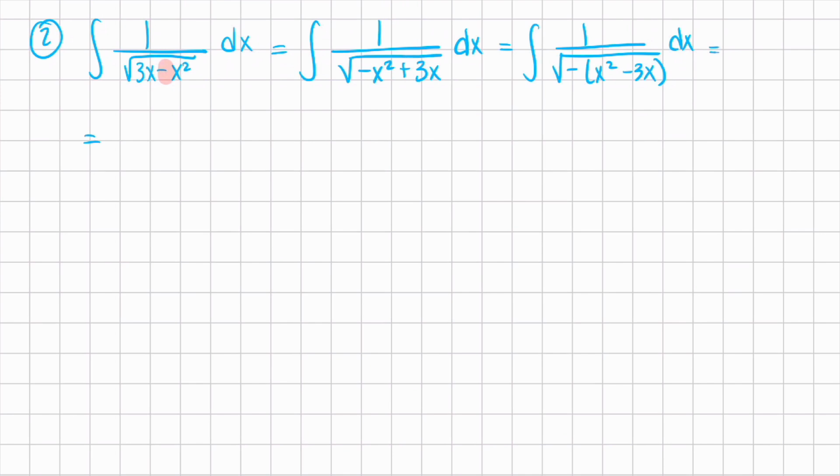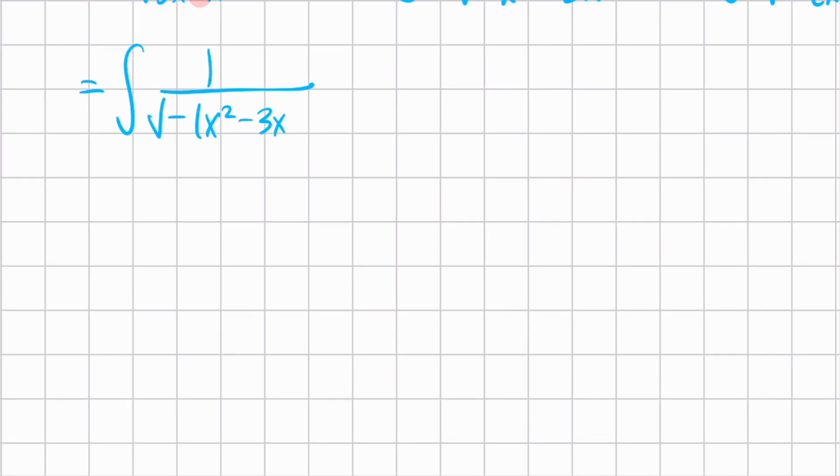Okay, new line. Next, I'm going to complete the square. Your b here is -3, so b over 2 squared is going to be -3 over 2 squared, which is 9/4.